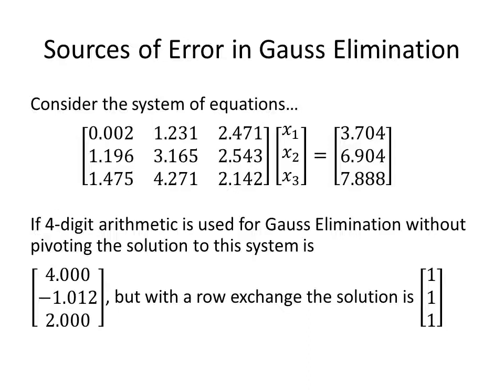But if you just complete row exchanges to get rid of that leading 0.002 on the diagonal in the original ordering of the rows, then you get the solution of 1, 1, 1, which is the correct solution. So one of the reasons why we end up with huge problems in some results is because of small numbers on that diagonal. And this provides an example of how that can present itself.